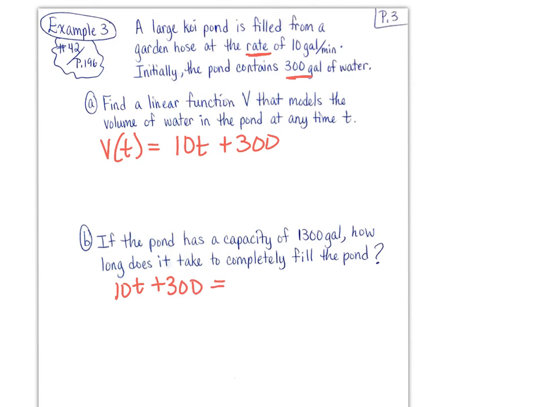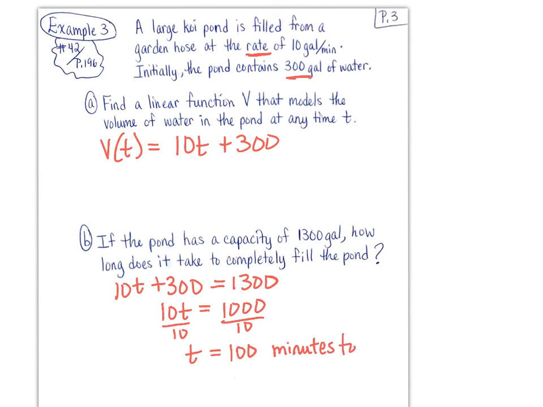What would that be equal to? 1,300, good. So you subtract 300 from both sides. You get 10T equals what? 1,000, good. Divide both sides by 10. T equals 100. So it will take 100 minutes to fill the pond.